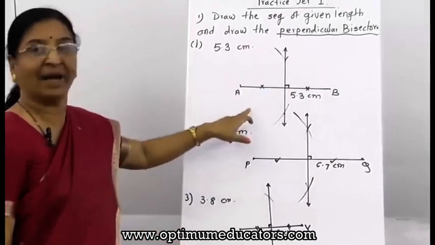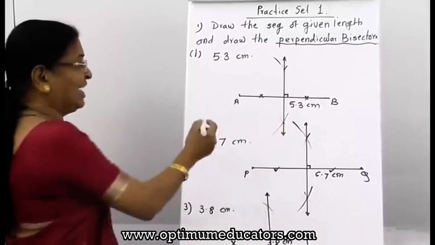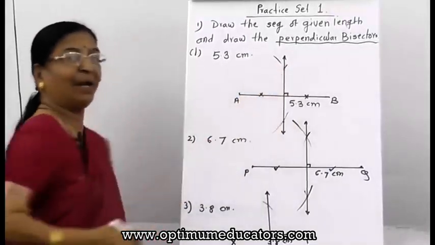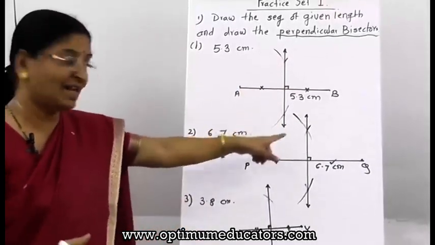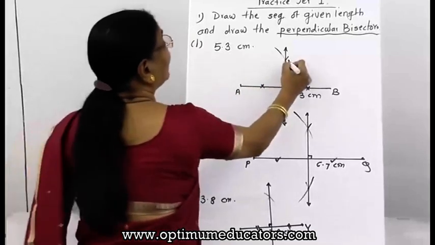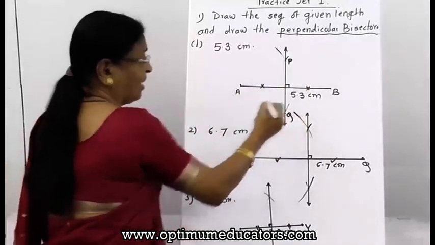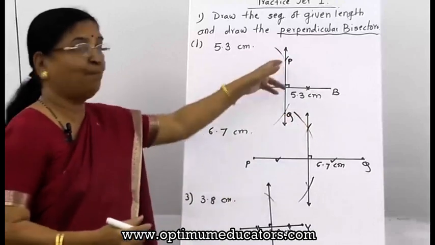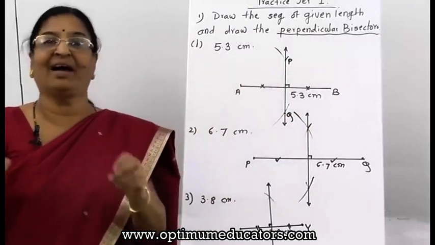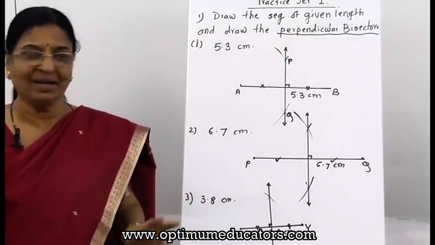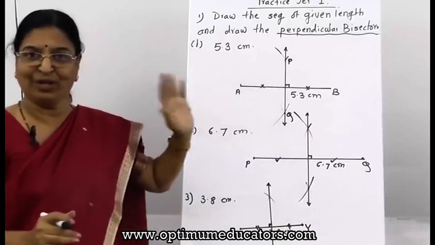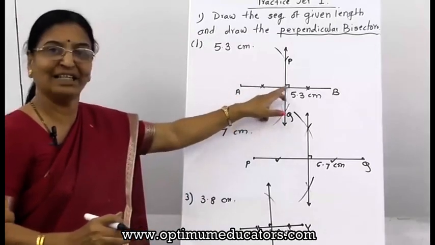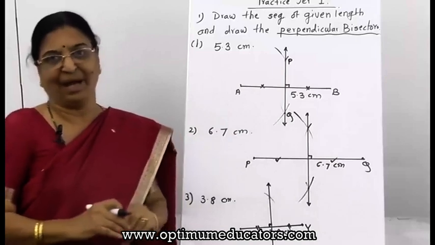Of course, you can write the name also, that is, you can name this perpendicular bisector and say, suppose I have marked here P and Q, and I can write here that PQ is the required perpendicular bisector, or let it be like that only. It will be given that it is a perpendicular and bisector.